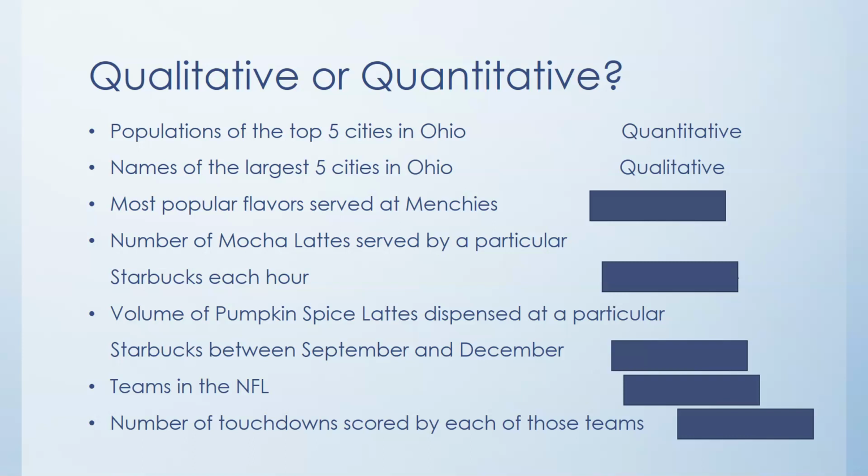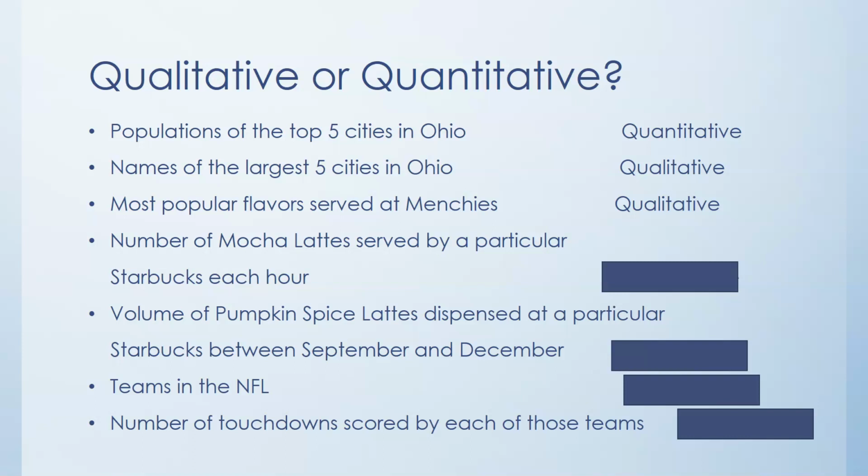The most popular flavors of ice cream served at Menchie's. I'm sorry, frozen yogurt. That would be qualitative categorical data. Now, we could talk about their rank, but even then, the data itself is qualitative categorical.